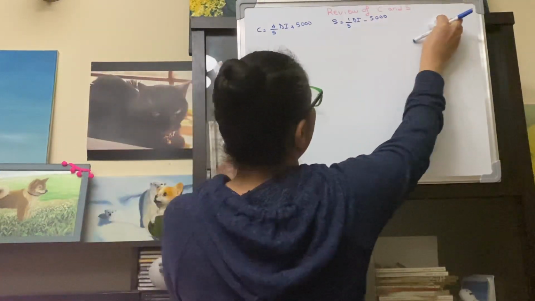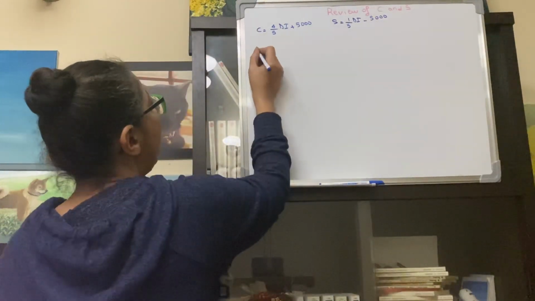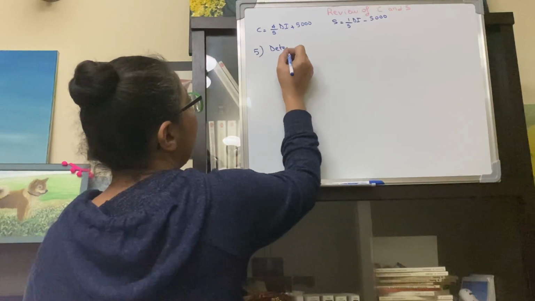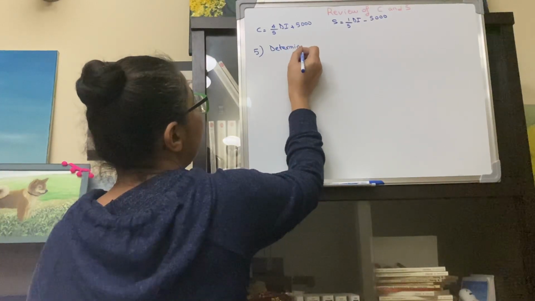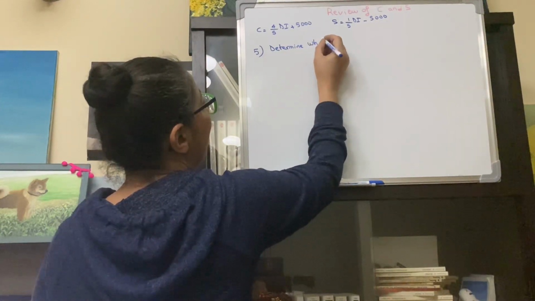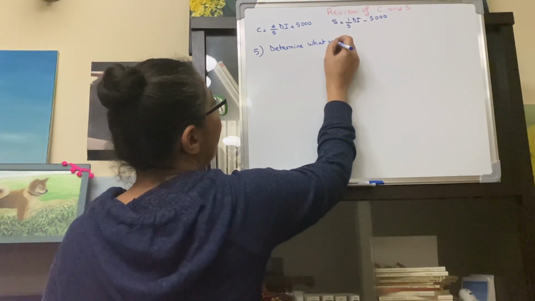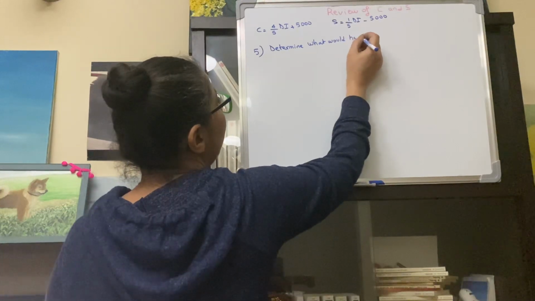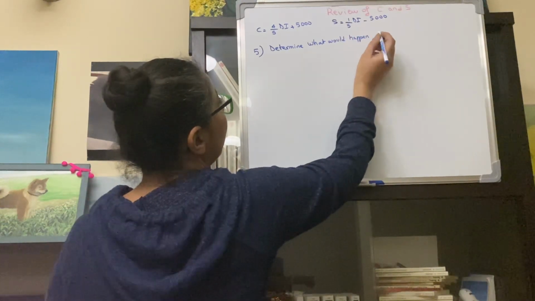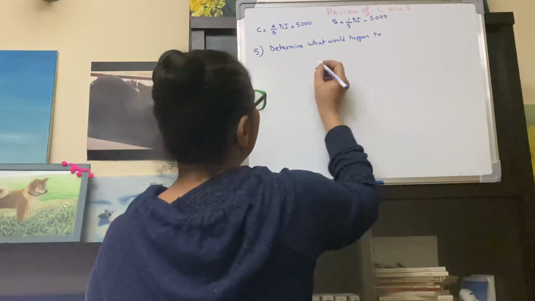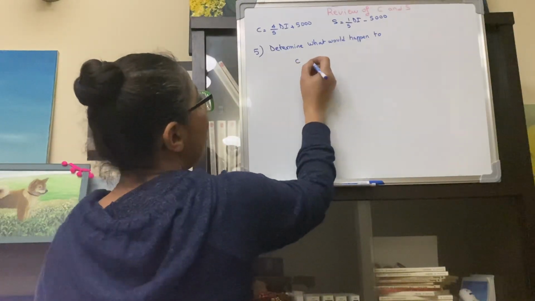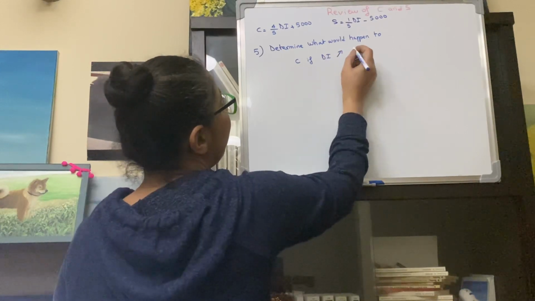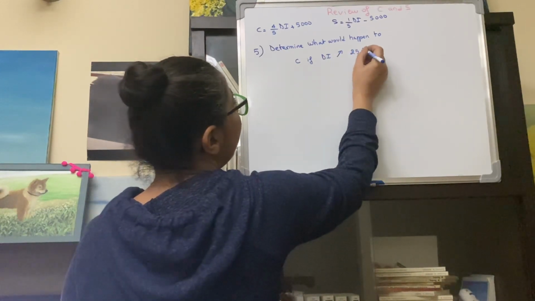Here we found 10%. Now question 5. Determine what would happen to my consumption if DI increases by 25,000.